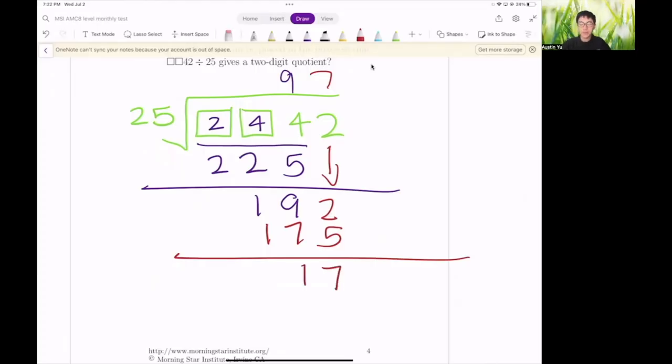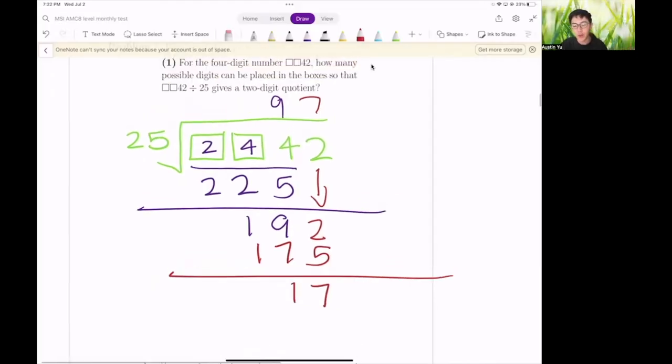So it's 17, right? Because 192 minus 175 is 17. And you notice something. This is, by the way, 2,442, the largest number that you can get that when you divide it by 25, gives you a two-digit quotient. So the final answer for 2,442 divided by 25 is going to be 97, remainder 17.